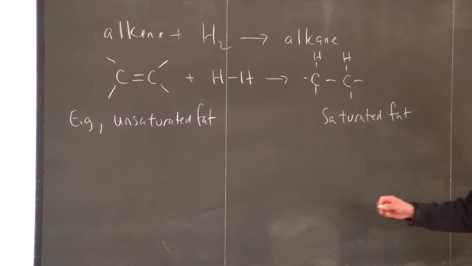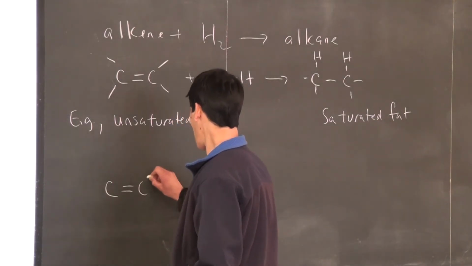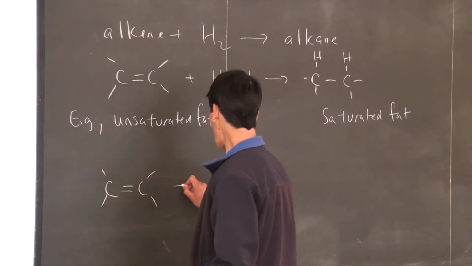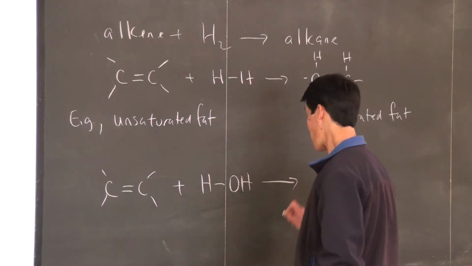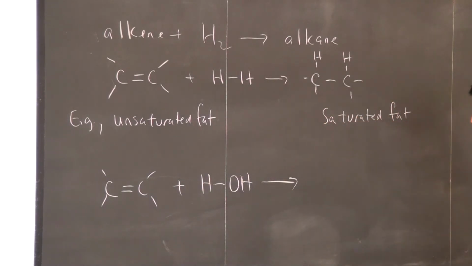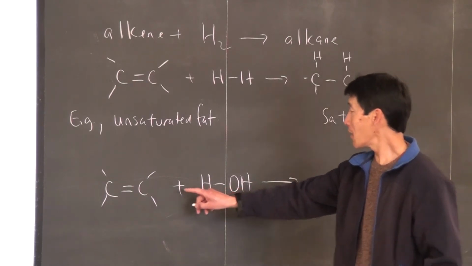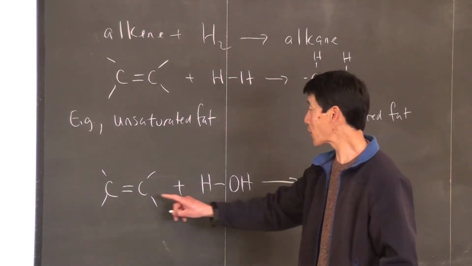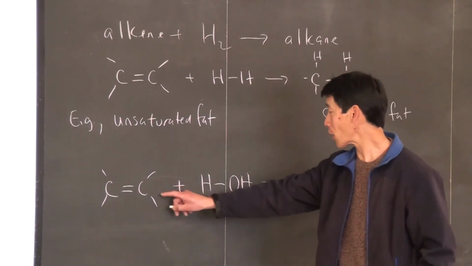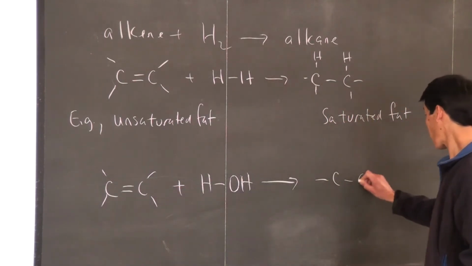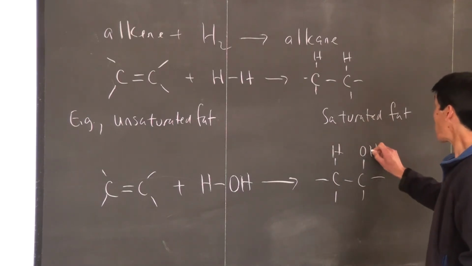Okay, and then another example of this type of reaction is called a hydration reaction. In this case, one H, the H from the water, bonds to one carbon, the OH bonds to the other carbon, and then our product is an alcohol.